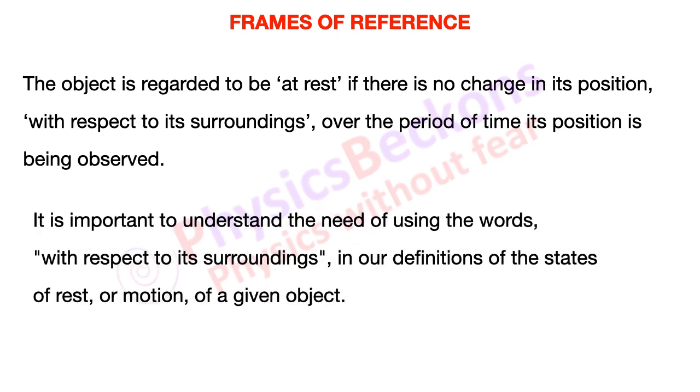What is the need of using the words with respect to its surroundings in our definitions of state of rest or motion of a given object? This we need to understand very clearly.